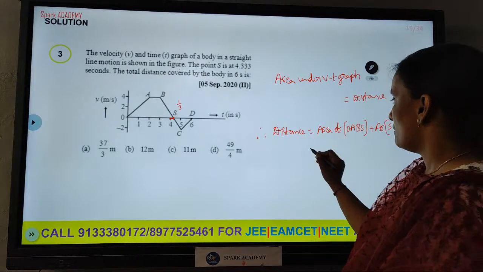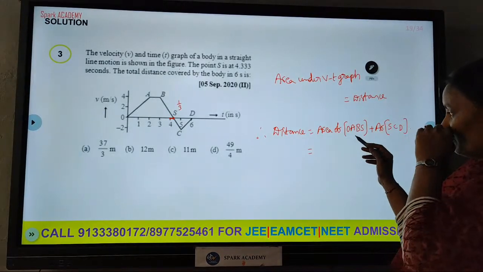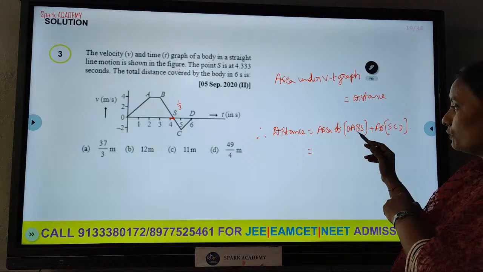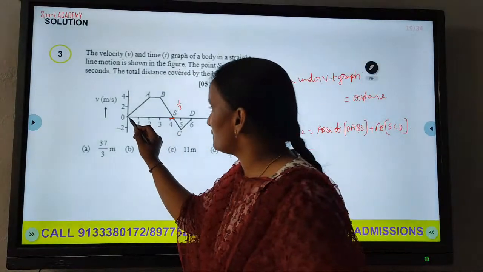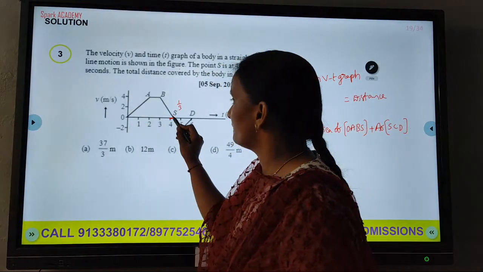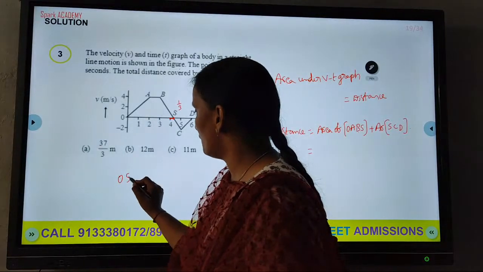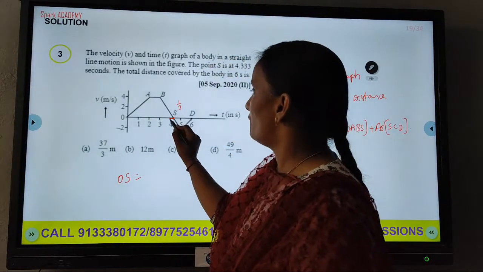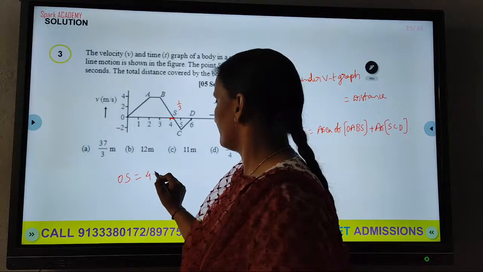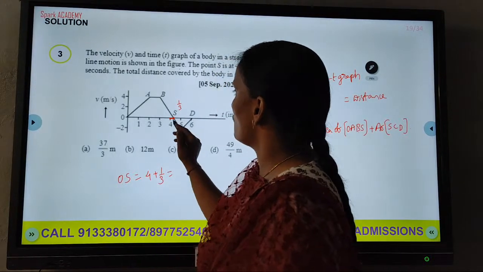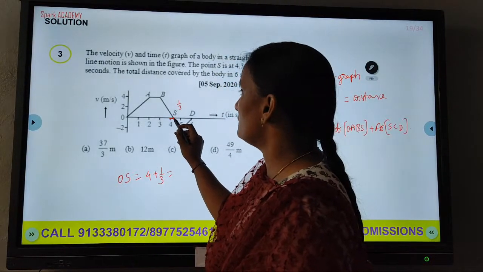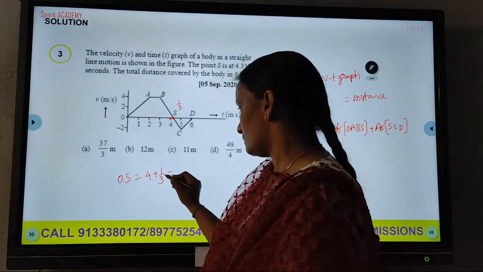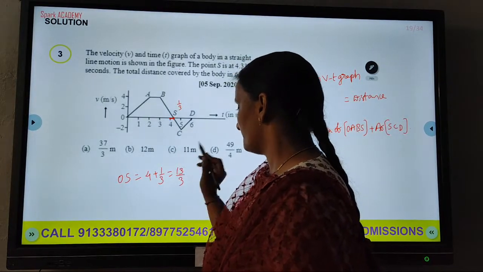Now, for finding the area of OABS, first we take this base OS value. OS is nothing but 4 plus 1 by 3. It is not exactly at 4, so you need to add this point also. So it will be 13 by 3.